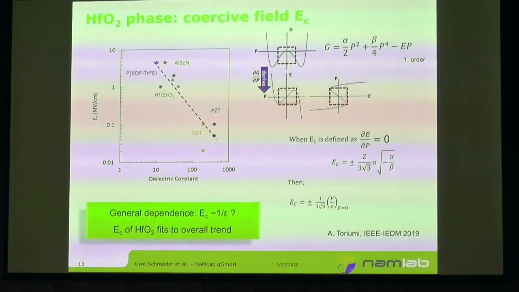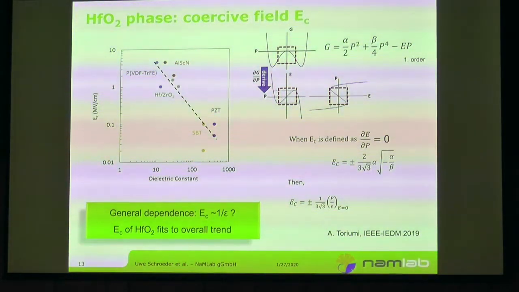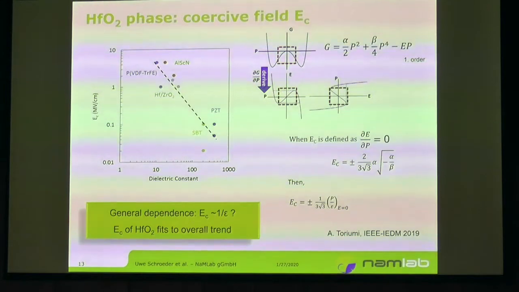Then you can put this back into the calculation, and what you get out of this is that the coercive field would be related to 1 over K, and this is the dependence you see for lots of different materials we looked into. But for some reason, we didn't see this somewhere in the textbook, and at least it looks like a reasonable relationship and explanation for the high coercive field of the hafnium oxide.